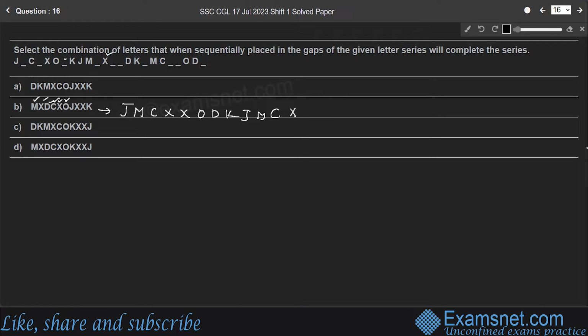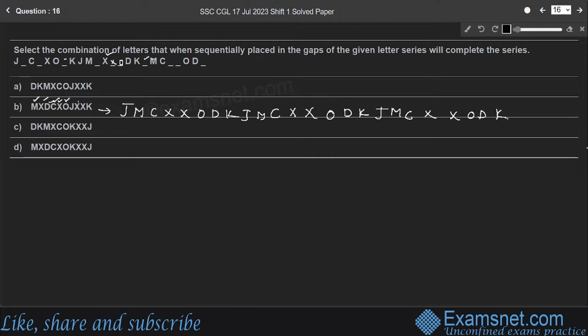There are 2 gaps, so fill with X and O. Next comes DK. There is a gap, so fill with J. J, MC, MC. Fill with X and one more X, OD, and at last we have to fill K.